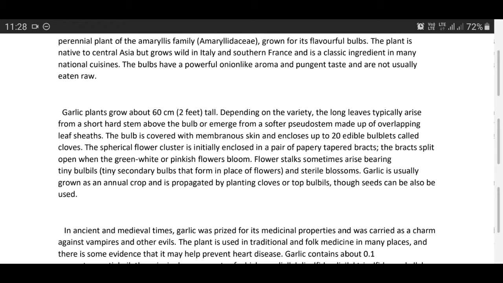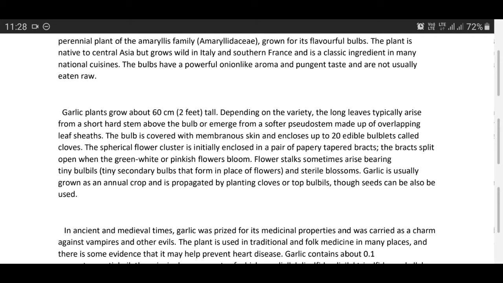The bracts split open when the green, white or pinkish flowers bloom. Flower stalks sometimes arise bearing tiny bulbils, tiny secondary bulbs that form in place of flowers and sterile blossoms. Garlic is usually grown as an annual crop and is propagated by planting cloves or top bulbils.